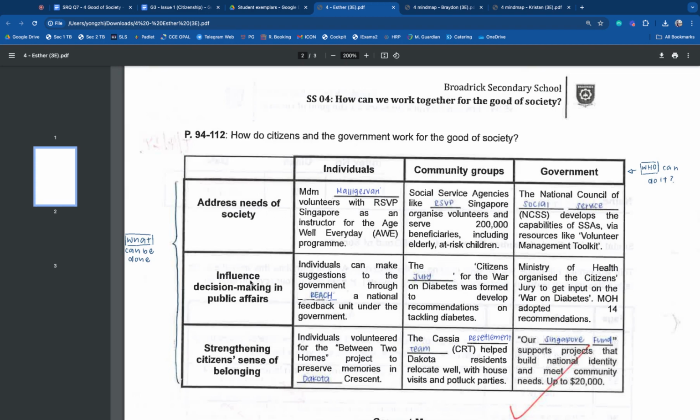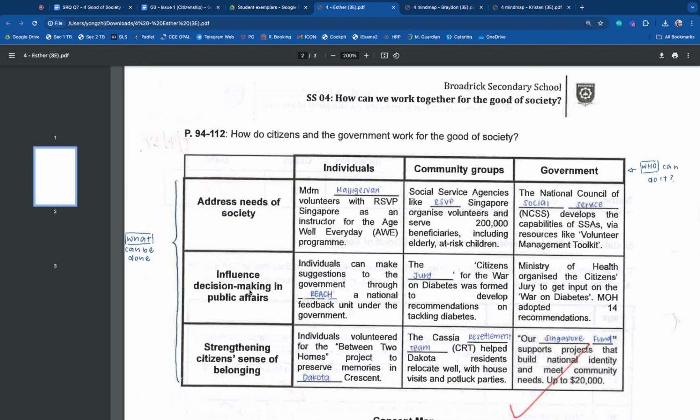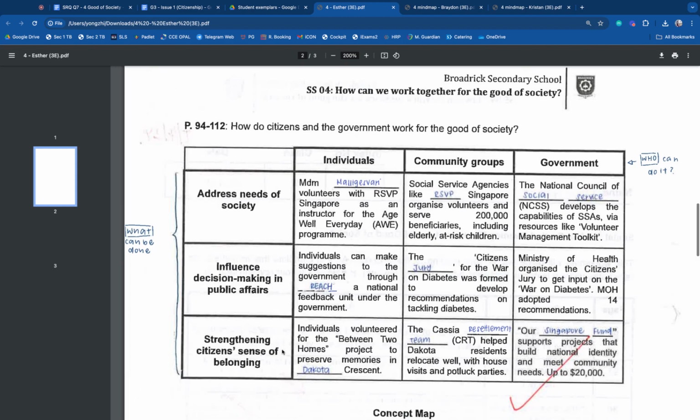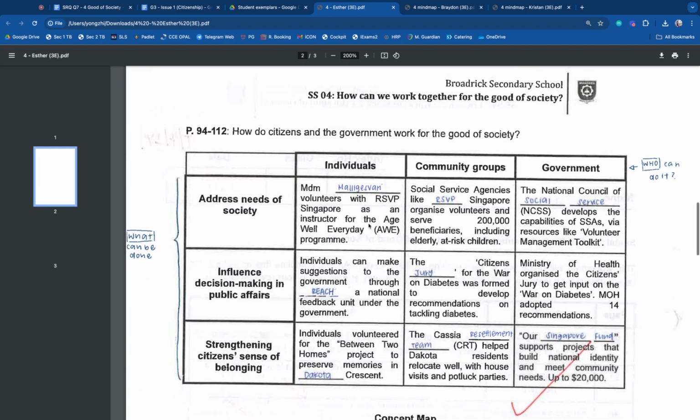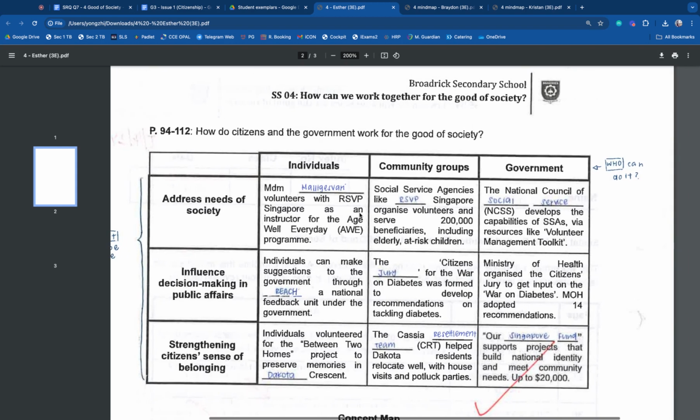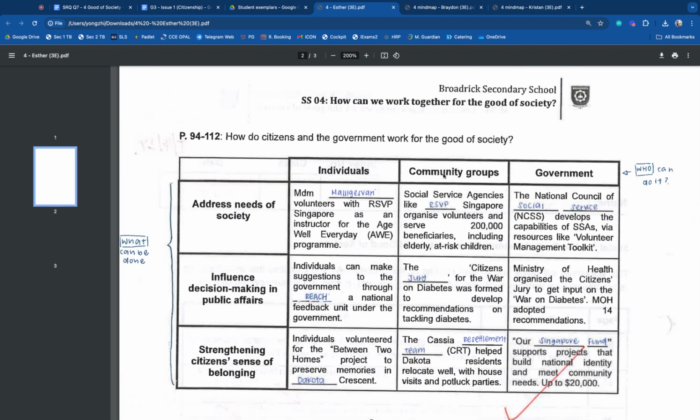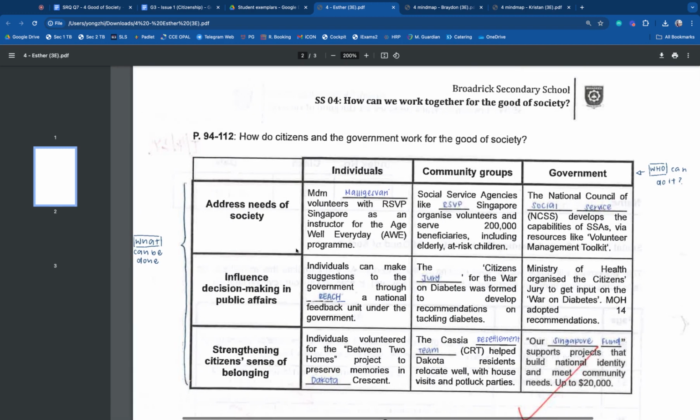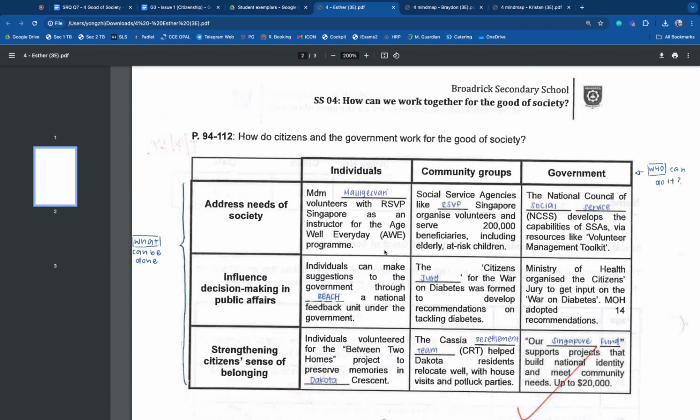The rows represent what can be done, the 3 rows, and the columns represent who is responsible for doing these things, of addressing the needs of society, of influencing decision making in public affairs, and of strengthening the sense of belonging. We say that the 3 actors, the key actors in this chapter, are the individuals, the community groups, and the government. So this table on your reading worksheet will be particularly useful.